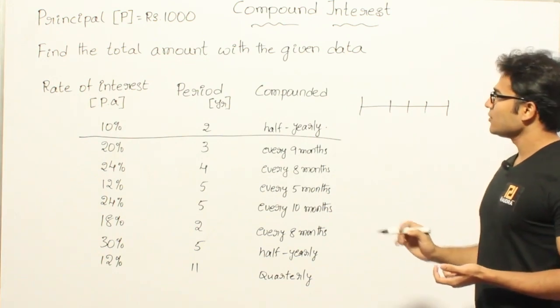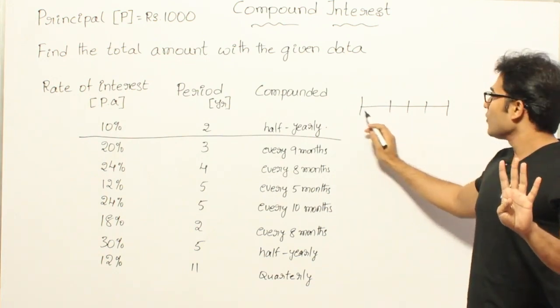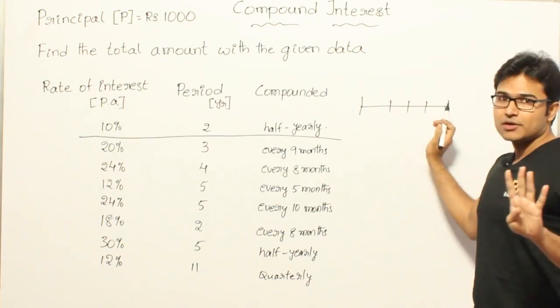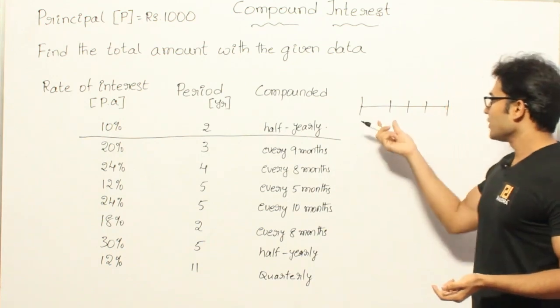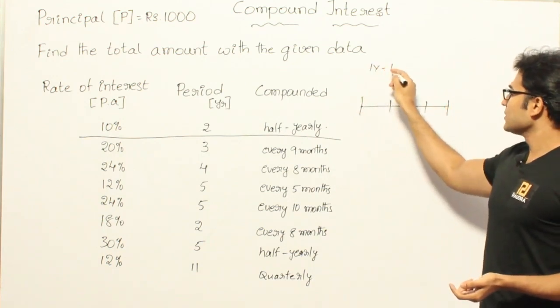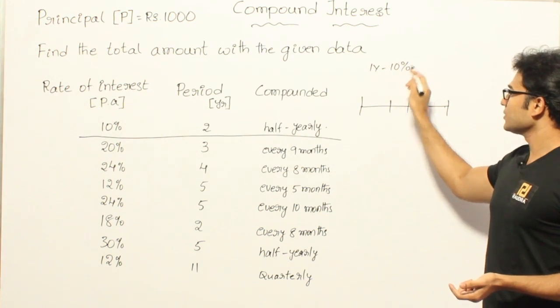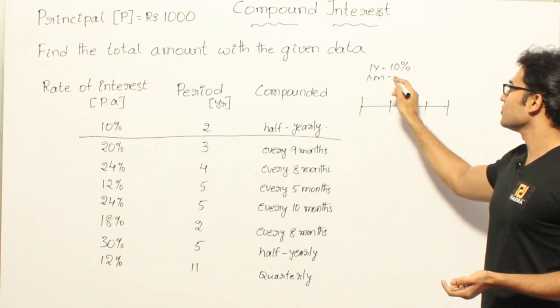So we have totally 4 slots, you understood that, right? Now the total interest you have to find out and divide it by 4. There are many ways of going about it. One way is, for 1 year the interest is given as 10%, so for 6 months the interest is going to be 5%.